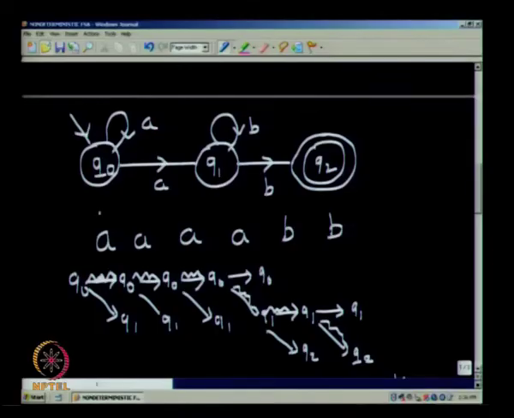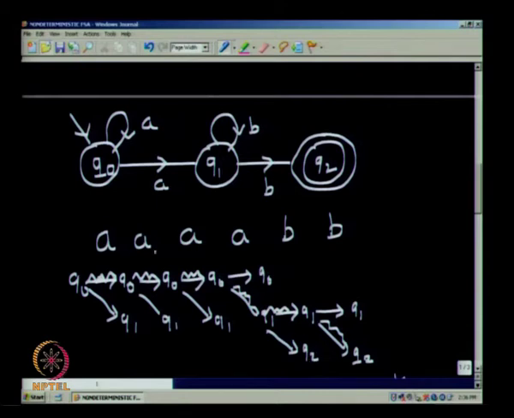So, going back to this one, you see that starting from q naught, after reading a you can be in q naught or q1, after reading 2 a's you can be in q naught or q1 and so on. So, these strings cannot be accepted. After reading a, b you can be in q1 or q2, q2 is a final state.